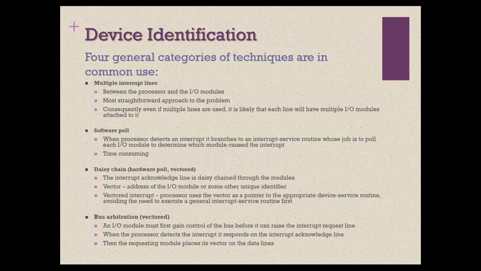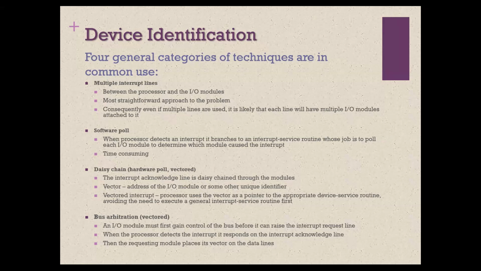When the processor senses an interrupt, it sends out an interrupt acknowledge. This signal propagates through a series of I/O modules until it gets to the requesting module. The requesting module typically will respond by placing a word on the data lines.